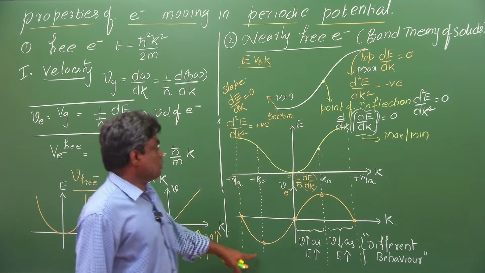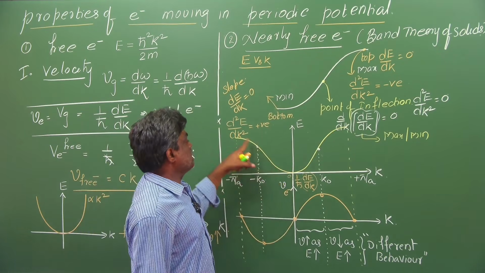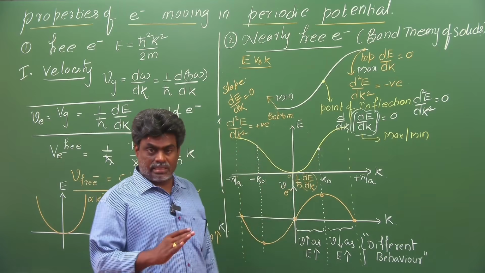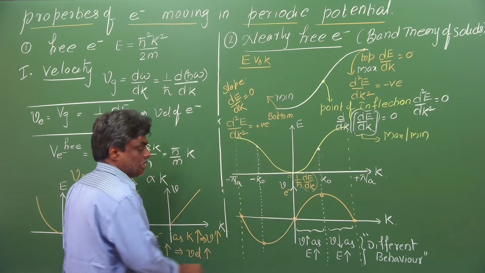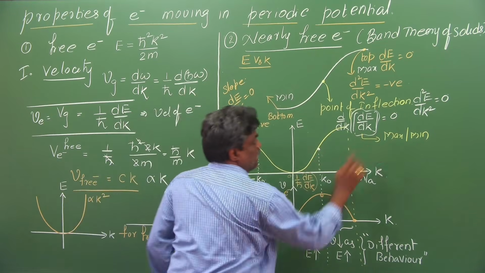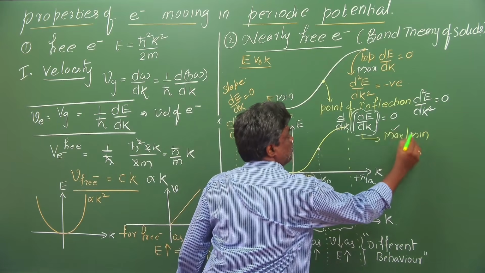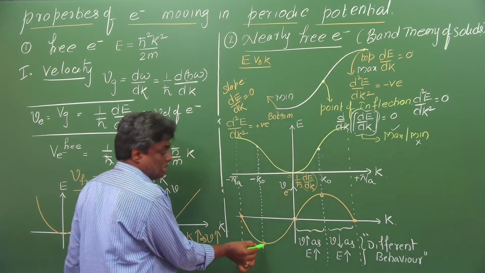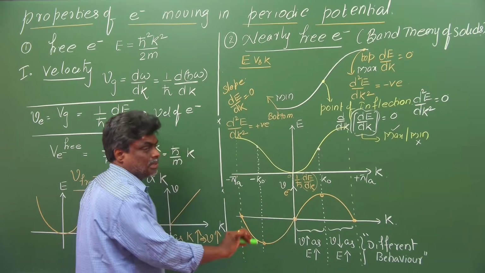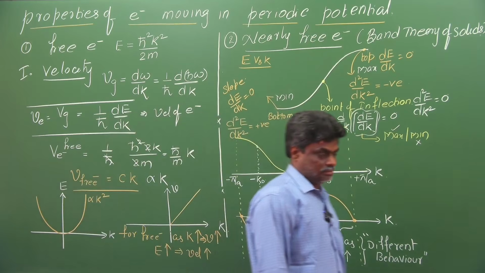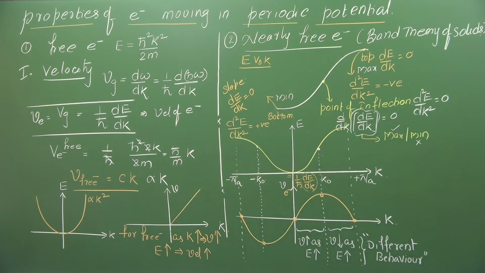The reason is what? Here in both the cases energy is increasing. As energy is increasing, velocity is also maximum. So that's why I cannot say minimum. Only I have to take what? Maximum. Minimum we can't take. This is not the minimum. Maximum in the negative direction. That's it. Because it's a vector quantity.